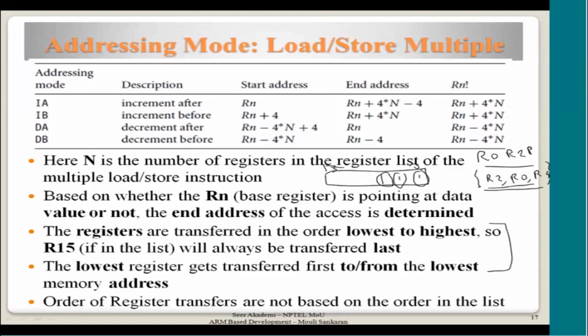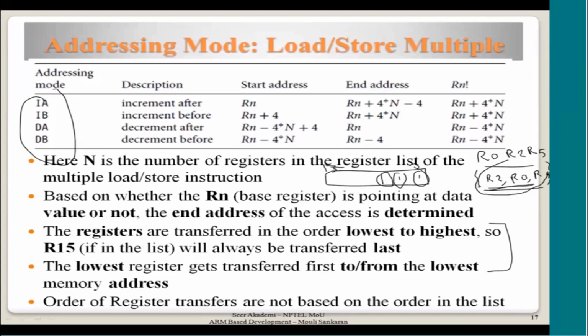R5. That's all. From the lower address to the higher address, whichever is pointed to by Rn, based on the type of increment or decrement. Because it doesn't maintain any order, it is not possible for the processor to do that, and it doesn't make sense either. So it always goes from the lower register order to the higher register order.